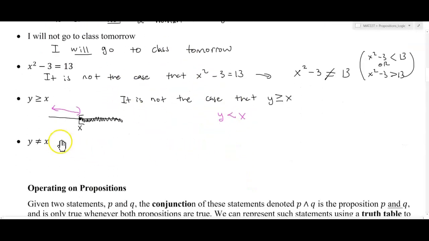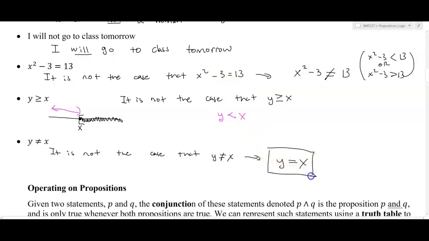Okay, y is not equal to x. So it is not the case that y is not equal to x. Well, if it is not the case that y is not equal to x, that really means that y is equal to x, would be our final statement there.